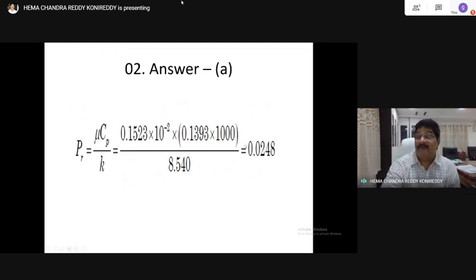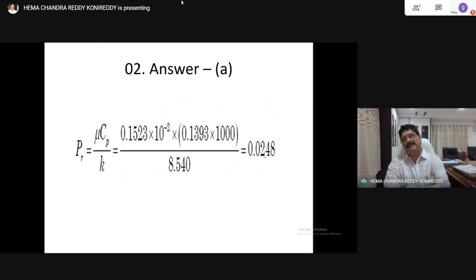But remember, for air it is somewhere around 0.66 to 0.7. For water it is 3 point something. Prandtl number for mercury is such a low value, close to 0.025. What does it mean?